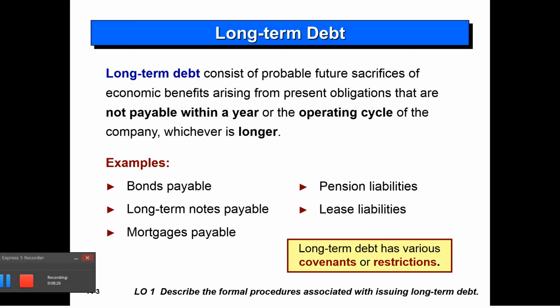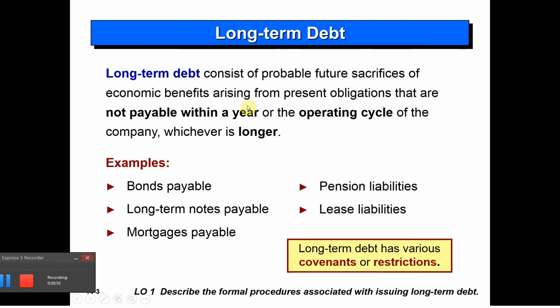So before we proceed to those examples, let's look at the definition of long-term debt. Long-term debt consists of probable future sacrifices of economic benefits arising from present obligations that are not payable within a year or the operating cycle of the company, whichever is longer.